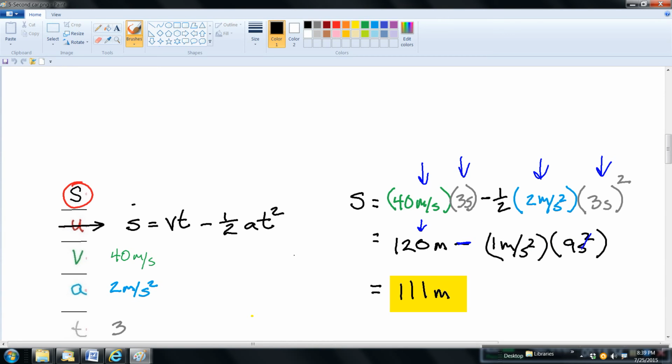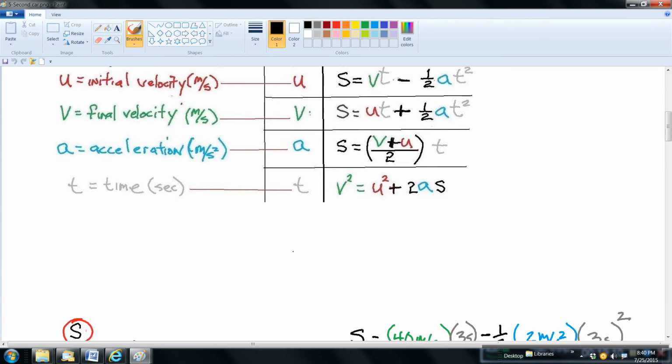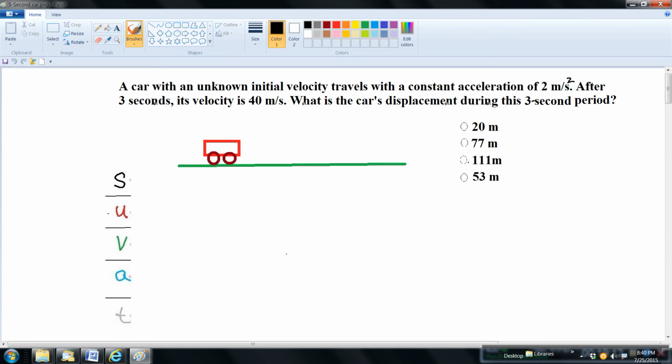So the seconds squareds cancel out, and we're left with 9 meters. So we get 120 minus 9 meters, so we get 111 meters is our displacement. Okay, so that would be our answer up here. That's how far it goes.